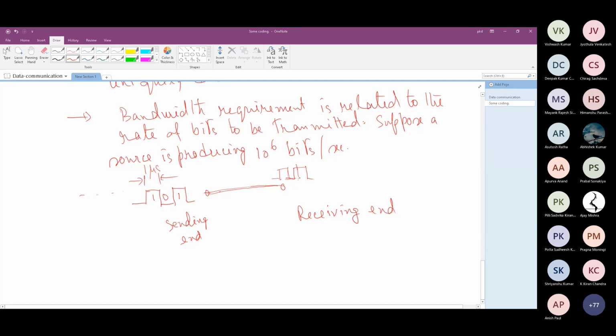I may get something like this kind of signal on the receiving end. Okay, so here is supposed to be 1 and this is supposed to be 0.